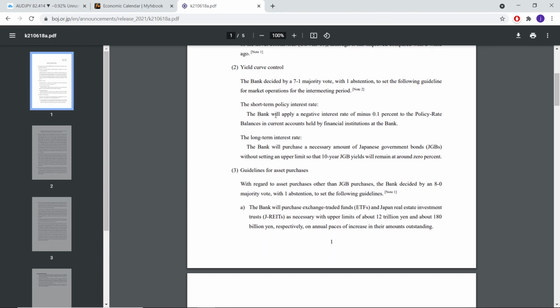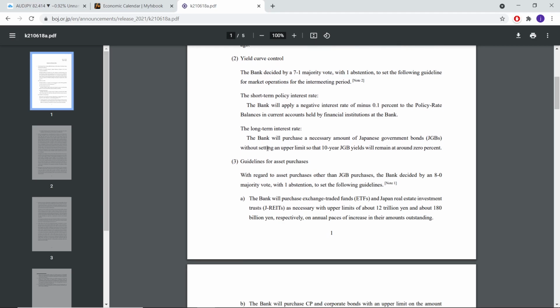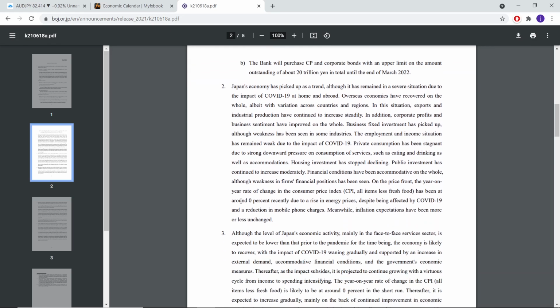As you see here, the bank will apply a negative interest rate of minus 0.1% to the policy rate balances in current accounts held by financial institutions at the bank. Majority of the vote for short-term interest rate policies. So they will be able to keep assets the same and support the overall growth of the economy in the coming times.